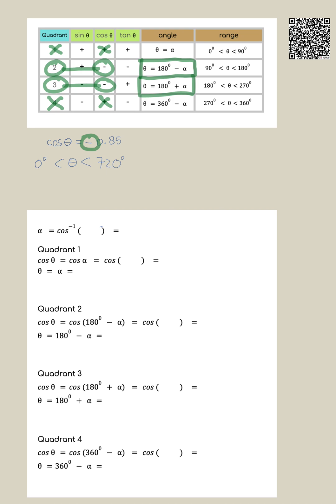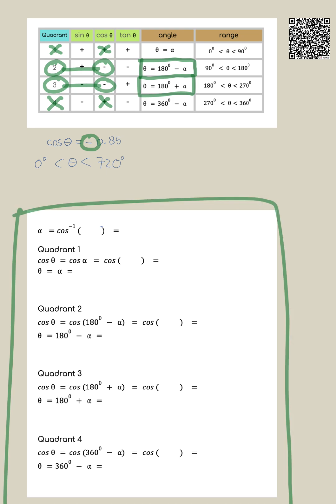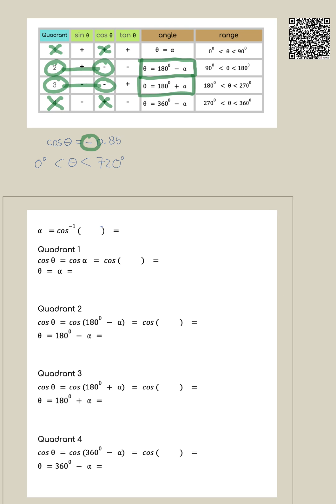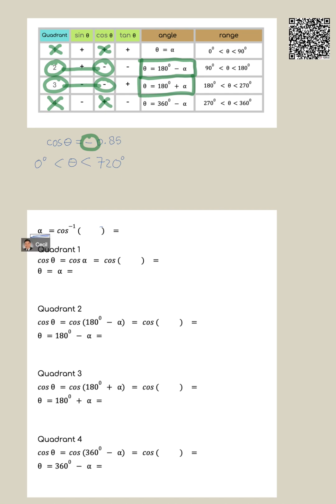I already have this working pattern to find angles, which you can see here. To be able to do this, we must find alpha first, and alpha is called the basic angle. The value will be between 0 to 90 degrees.